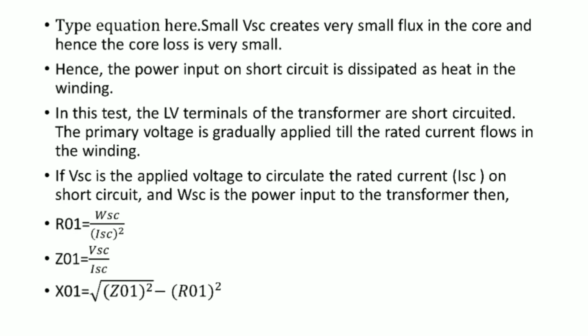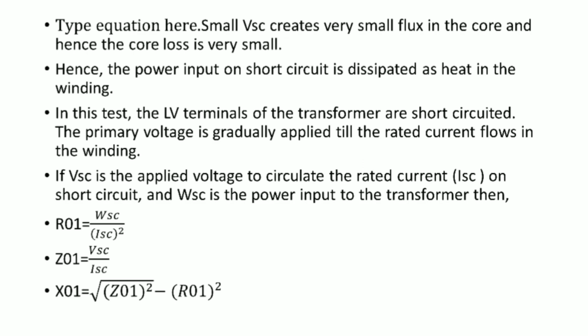So that's why very small flux is produced. So that's why we are neglecting the core losses. They are very small, so we neglect the core losses during the short circuit test. So whatever power is dissipated in the form of heat, that is recorded by the wattmeter, and those are nothing but the copper losses. So WSC is ISC square R01.